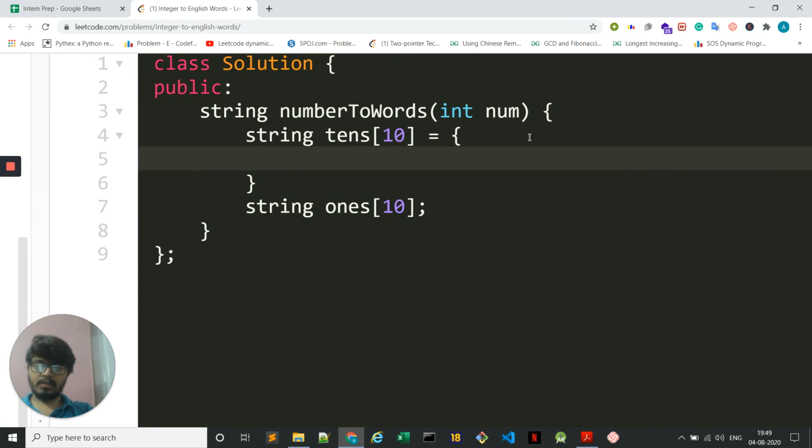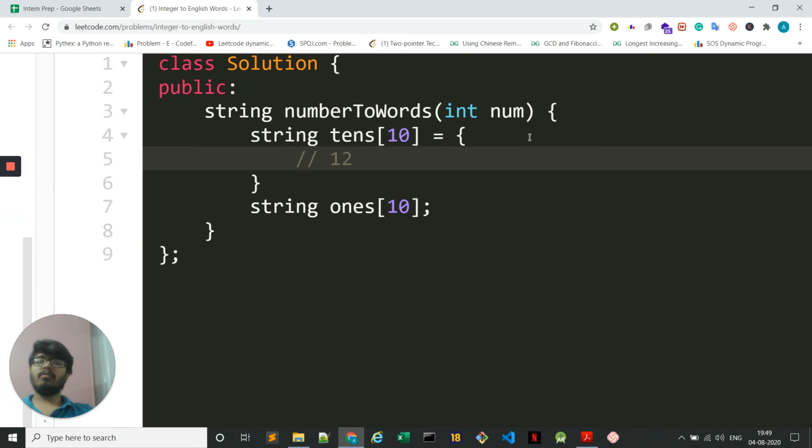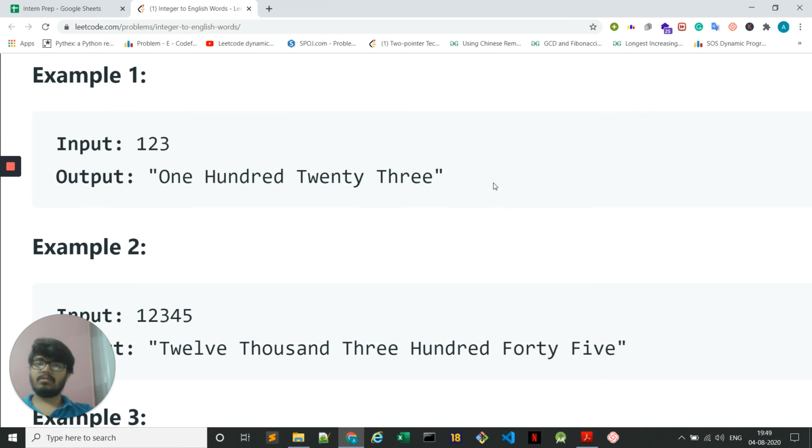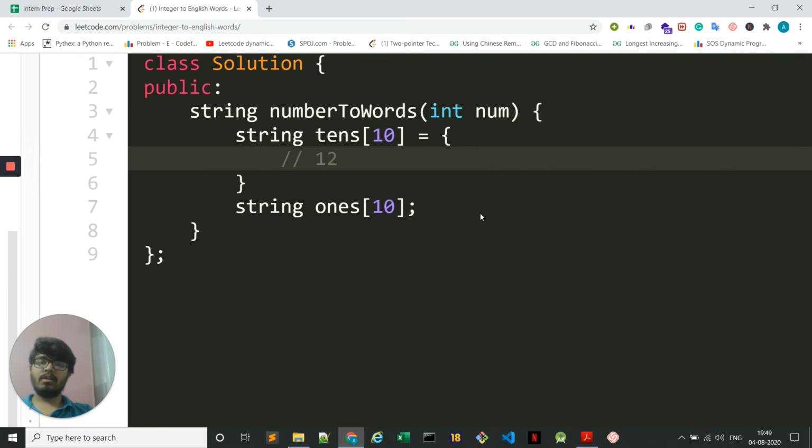So let's say we have a number which is 12. Or 113, 123, 134.